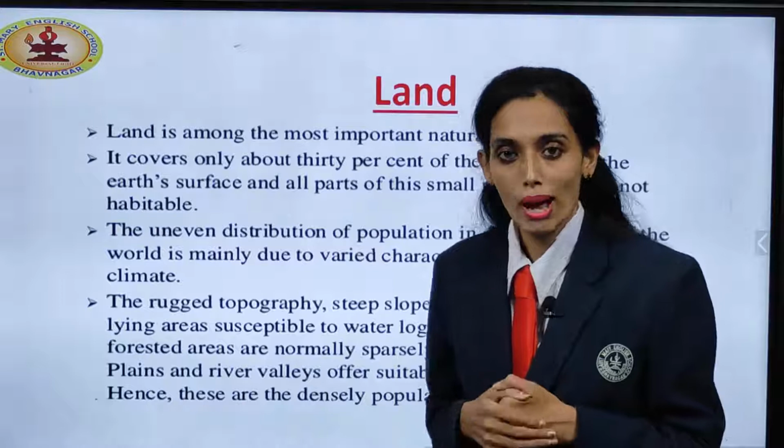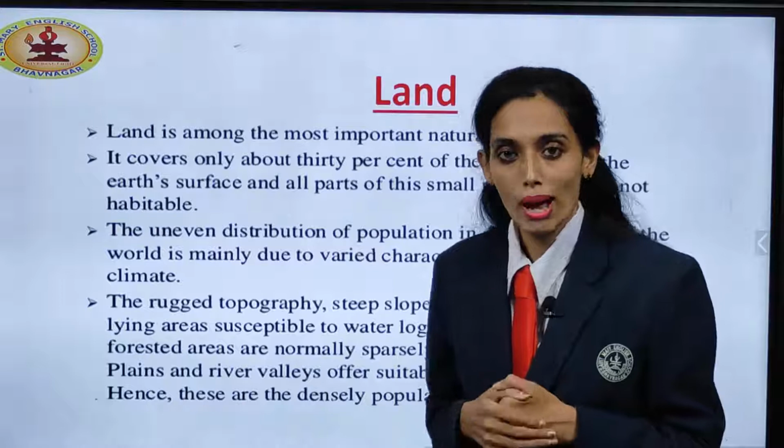Common property resource. How can the land be used? Land can also be divided on the basis of two types, that is private land and community land. What is private land? Private land is owned by individuals, whereas community land is owned by the community for common use, like collection of fodder, fruits, nuts or medicinal herbs. So the private land and the common land are different properties we can differentiate.